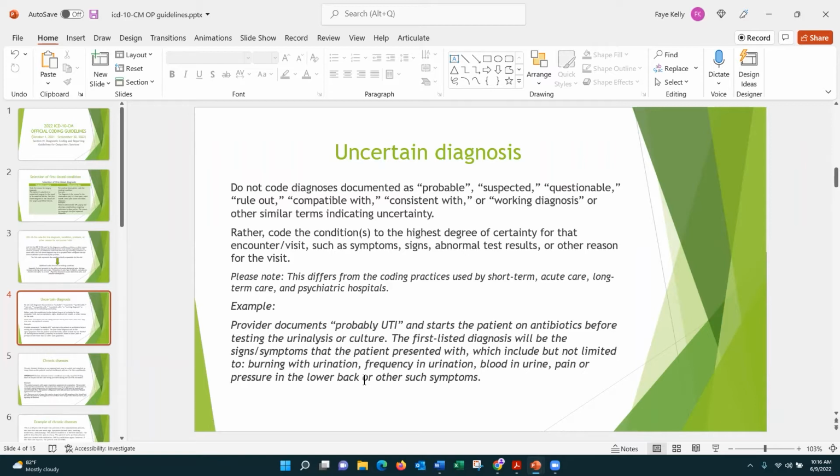So those may be symptoms that you have on your chart, even though he's treating for UTI, he only documents probable. So you still can't go with it, even though there's an antibiotic ordered. If you're doing an E&M, you're going to get that prescription management, but your diagnosis is not going to be UTI.